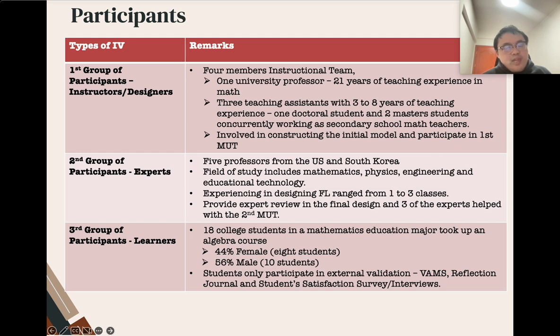They come from different fields and they are experienced in flipped learning. Then the third group of participants are the learners. There are 18 students enrolled in the course, and they participate only in the external validation: the VAMS, the reflection journal, and the student satisfaction survey.